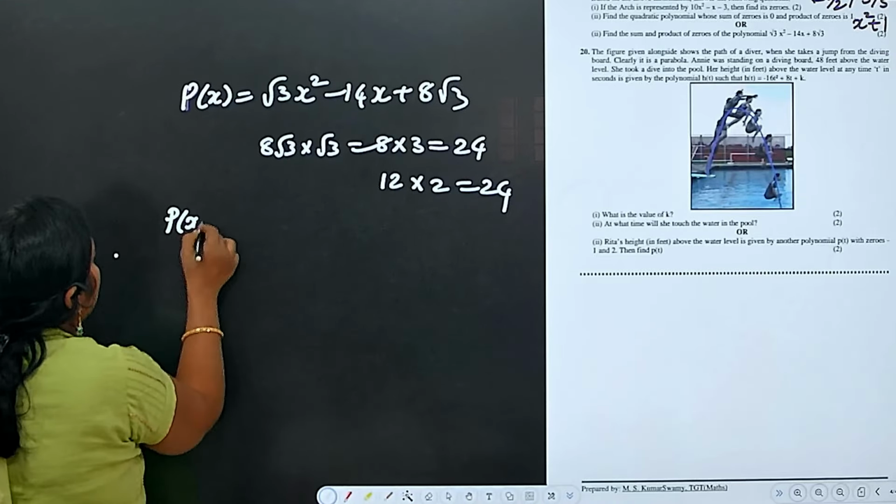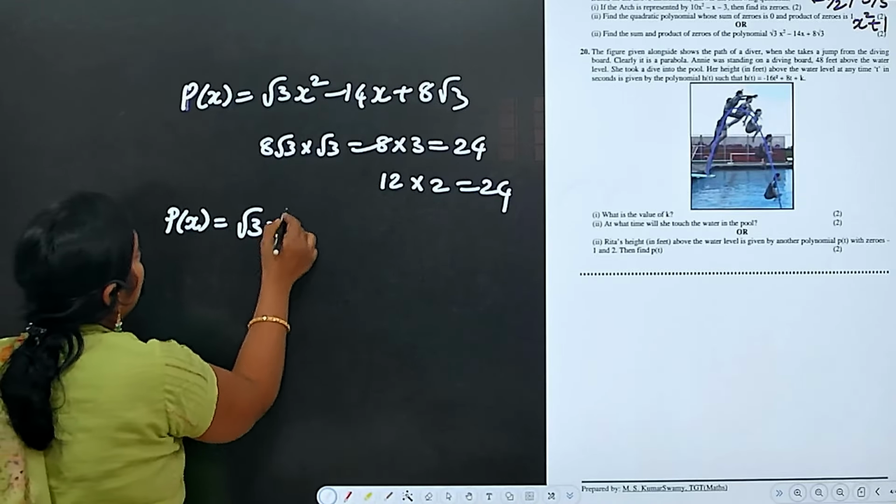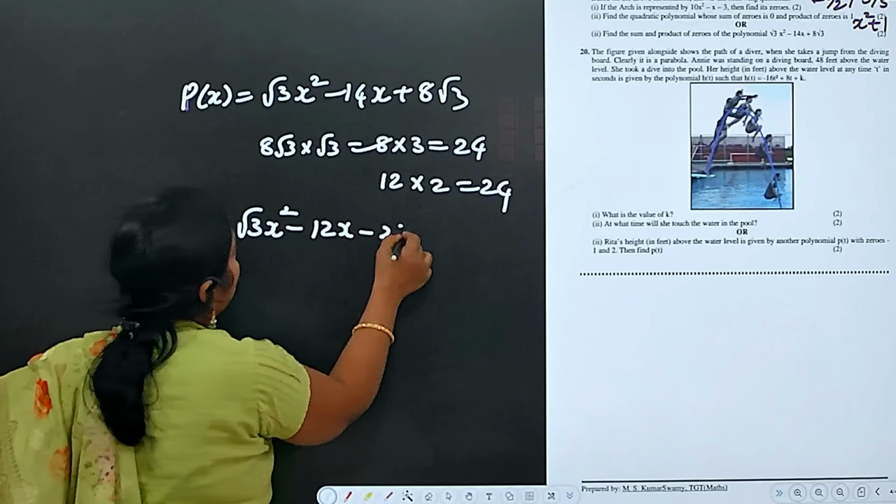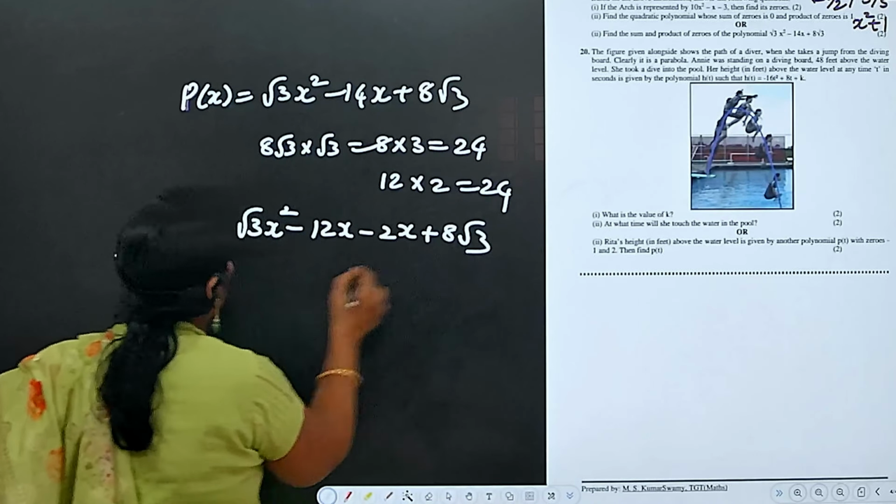So P of x equals root 3 x square minus 12x minus 2x plus 8 root 3.